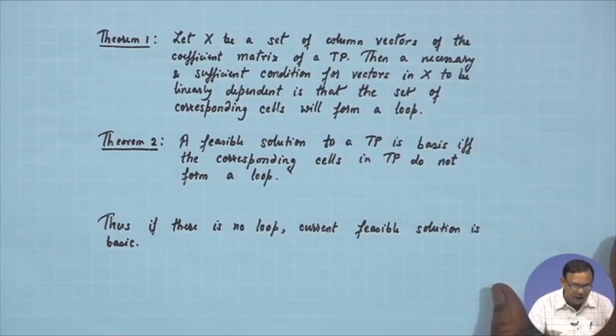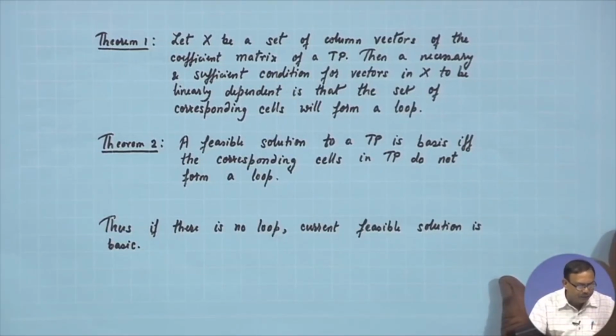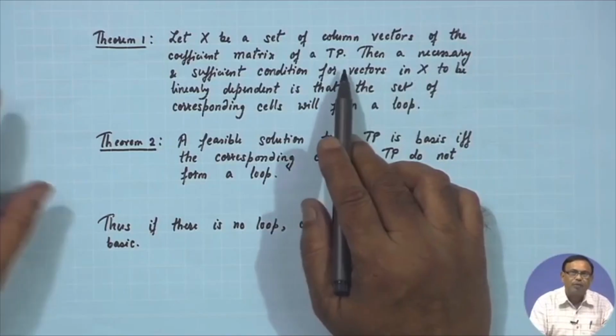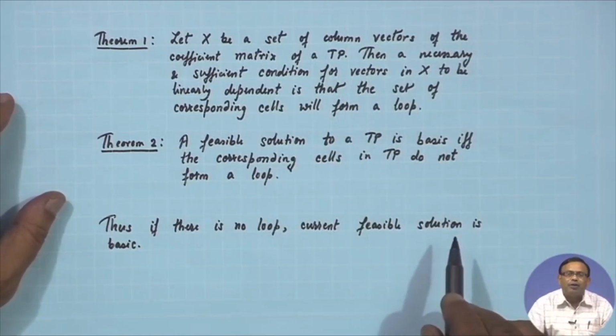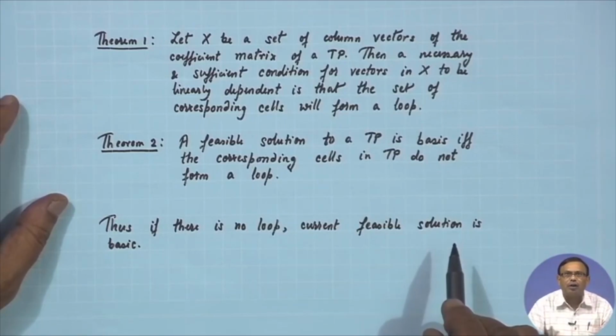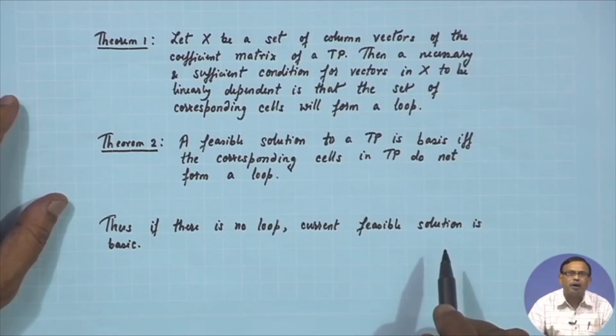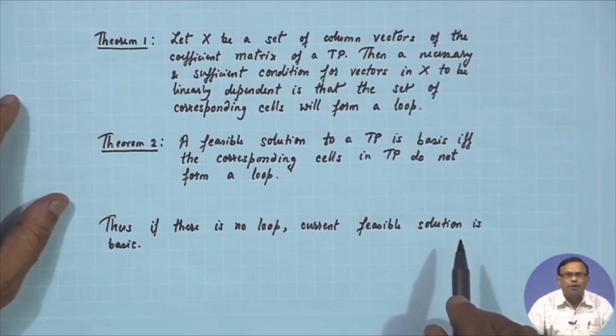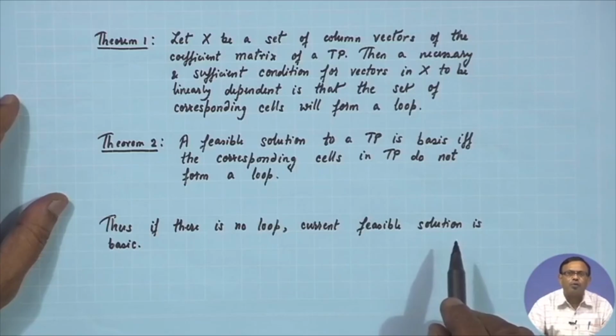One theorem states: let X be a set of column vectors of the coefficient matrix of a transportation problem. Then a necessary and sufficient condition for vectors in X to be linearly dependent is that the set of corresponding cells will form a loop.